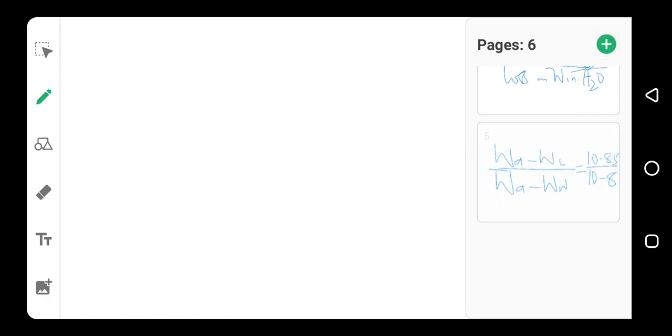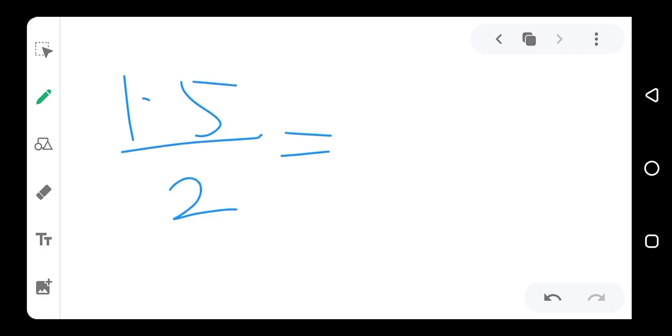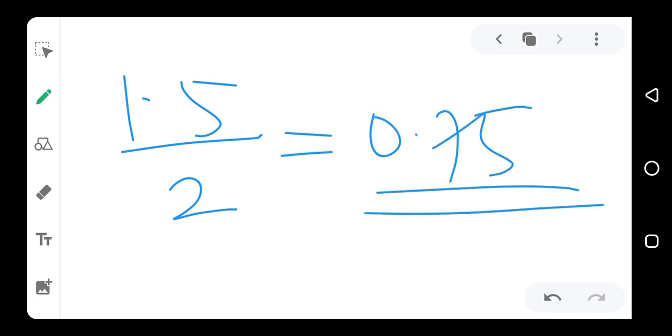Now this is going to give us 1.5 over 2, and that will give us 0.75. This is the relative density of the liquid.